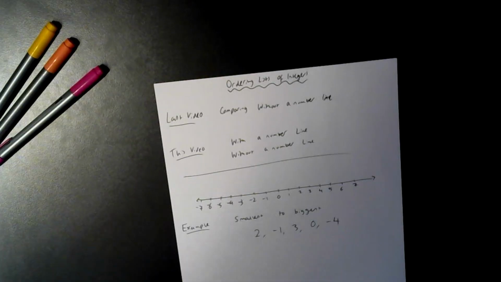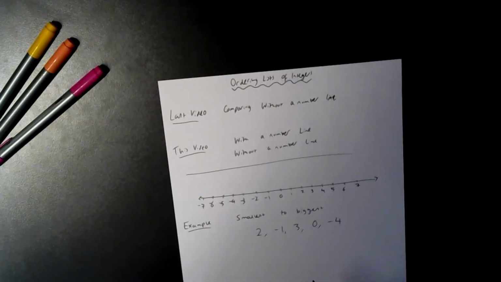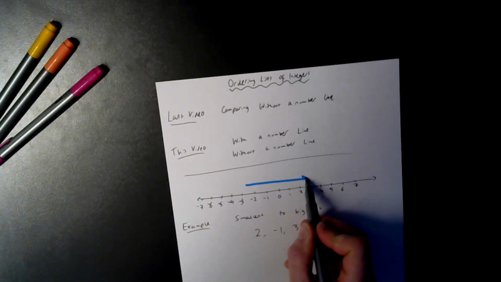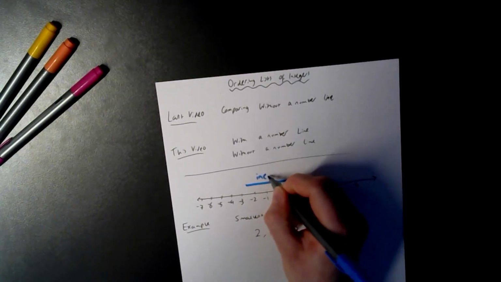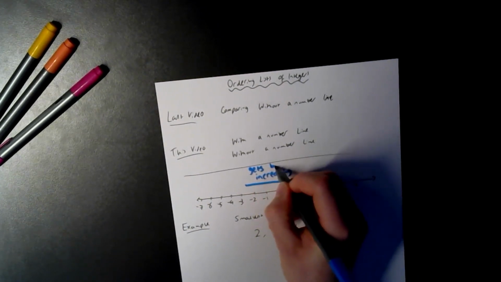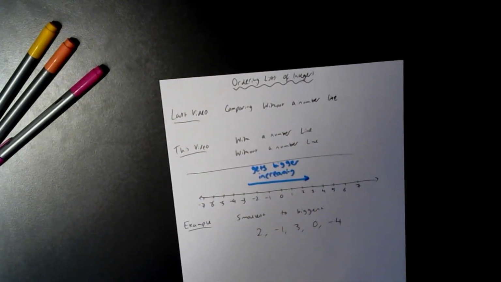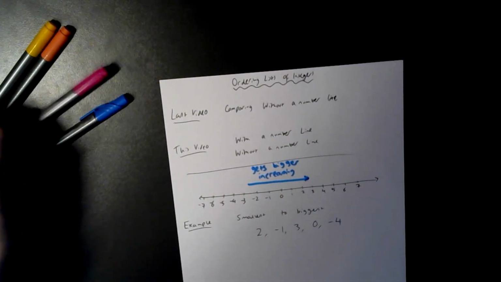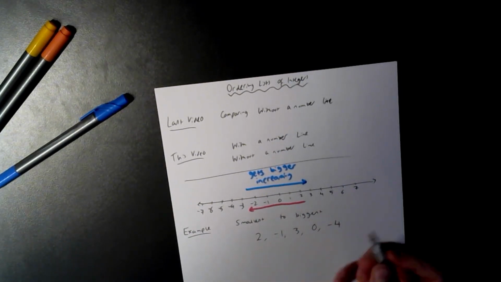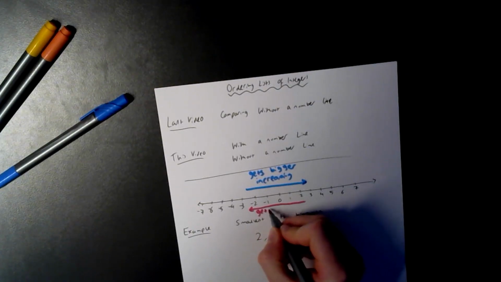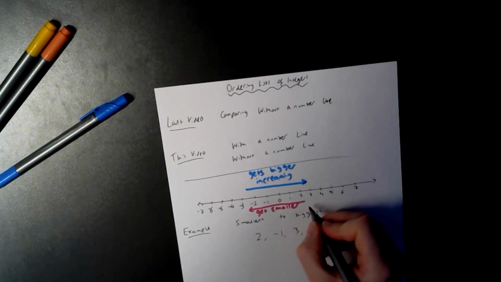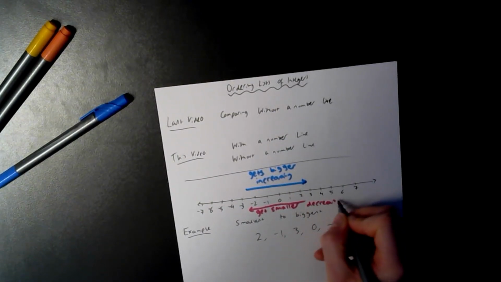Well, if you remember, when we were doing number lines, going right is increasing, or gets bigger, and going left is getting smaller, or decreasing.